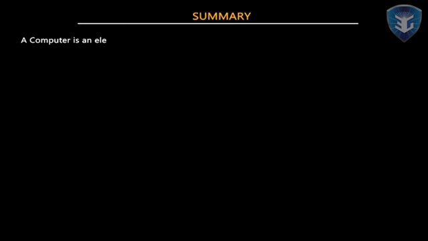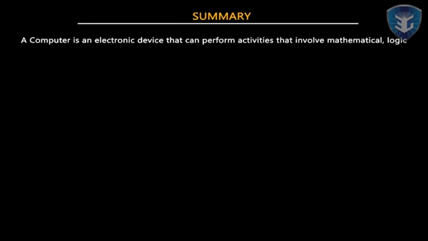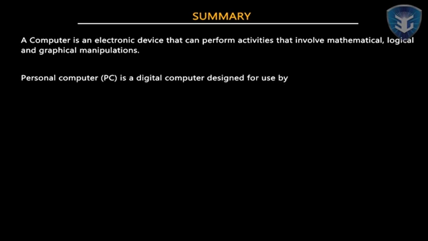Now in the end, let us summarize what we have learned in this lecture. A computer is an electronic device that can perform activities that involve mathematical, logical, and graphical manipulations. A personal computer, or PC, is a digital computer designed for use by only one person at a time.